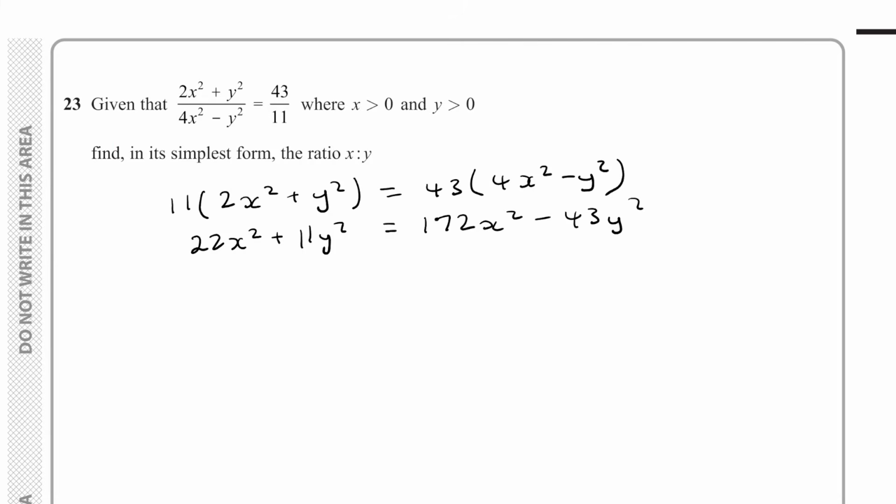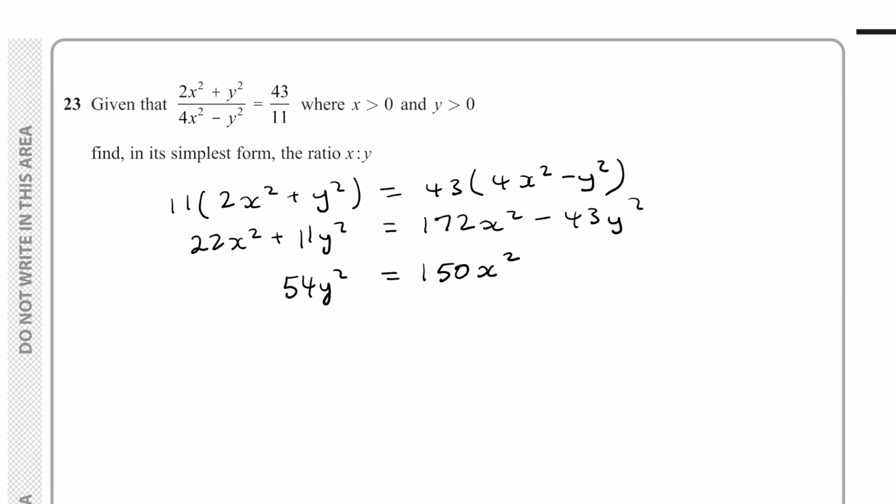Let's get the x's on one side and the y's on the other side. So we'll get 54y squared equals 150x squared. And then let's square root both sides.